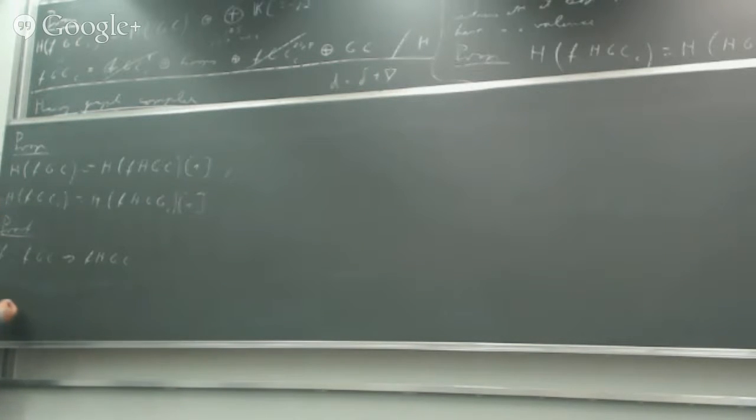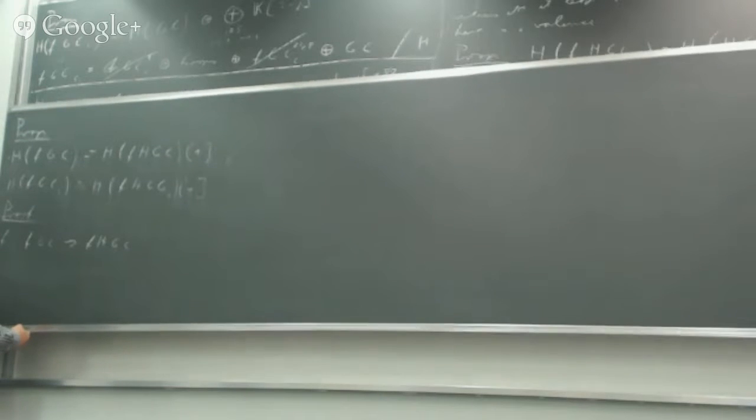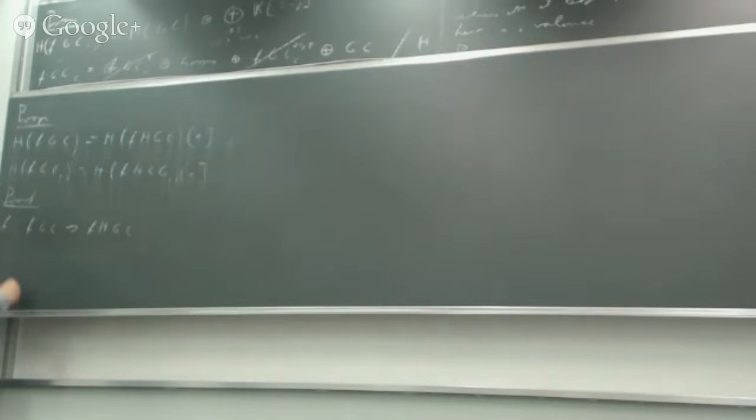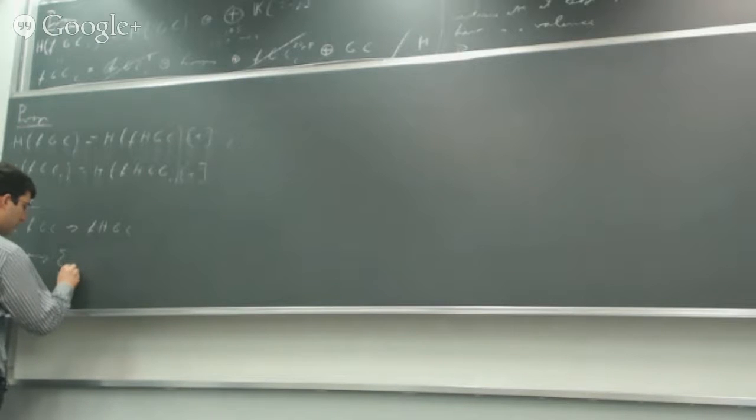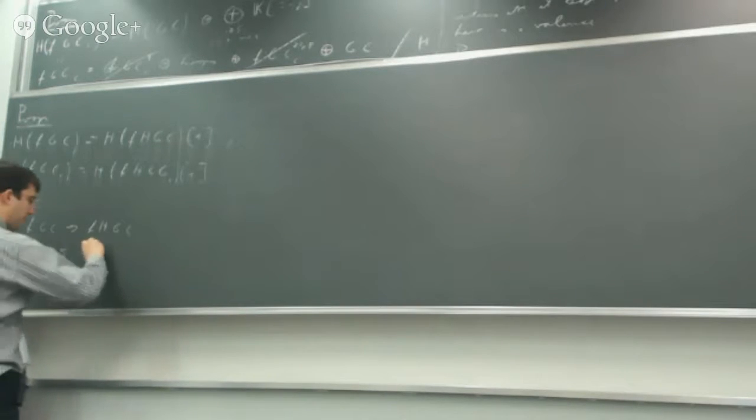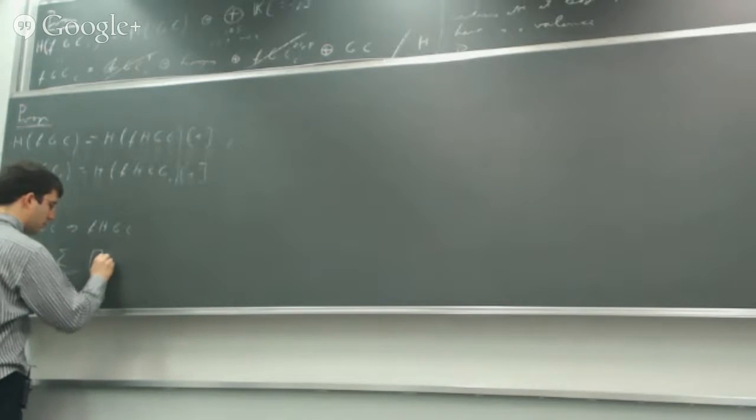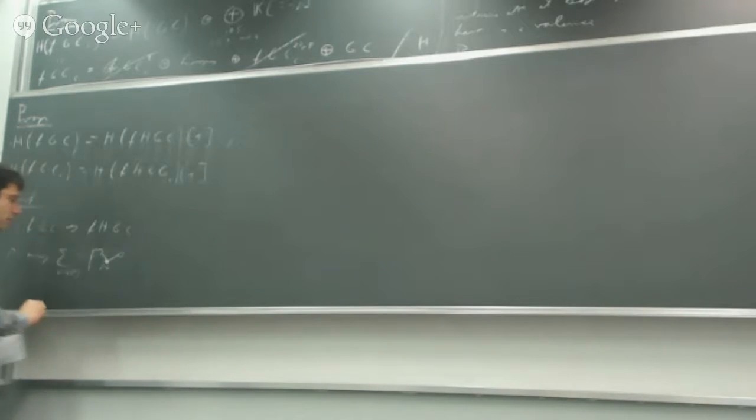So, okay, I can maybe write it down. So gamma is mapped to the sum over all vertices V in gamma, where I'm attaching a hair here.